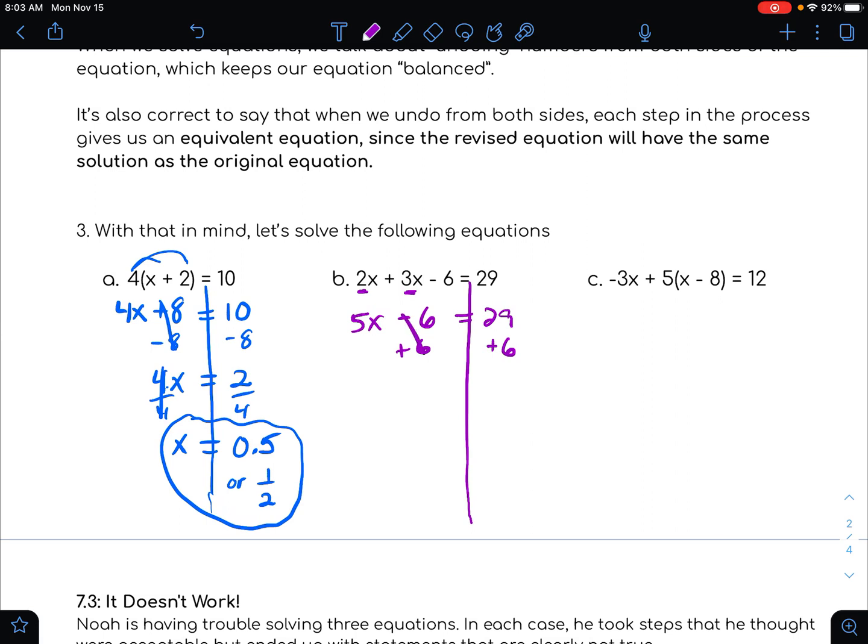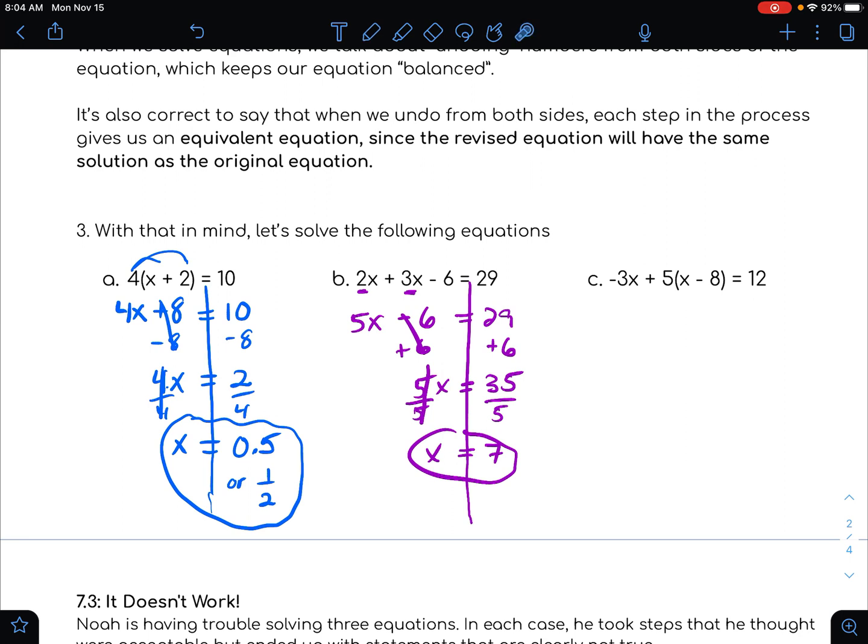So we'll undo by adding 6 to both sides. Bring down what's left. 5x equals 29 plus 6 is 35. And then 5 times x. So we'll undo by dividing. 5 times what is equal to 35? Maybe you can do that in your head. But we'll divide both sides by 5. And 35 divided by 5 is 7.